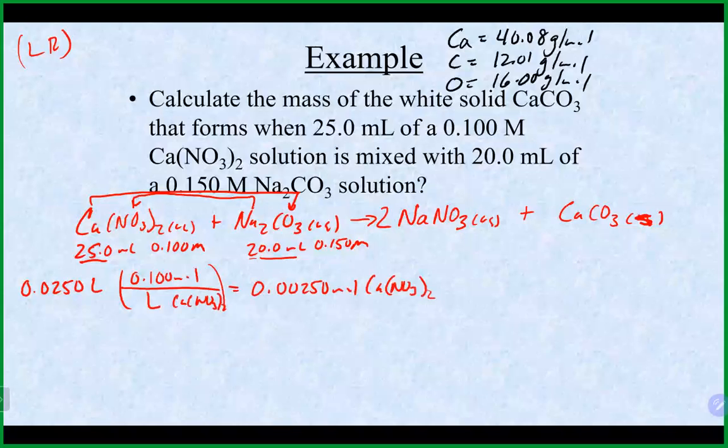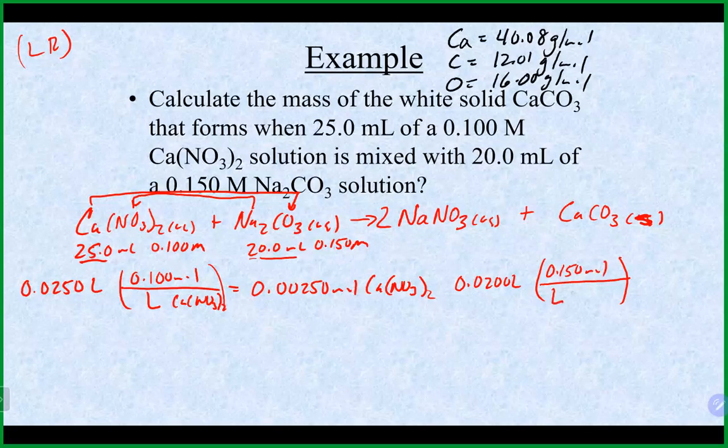We're going to do the same thing for our sodium carbonate. So that's going to be 0.02 liters times the molarity there of our sodium carbonate, which is 0.15 moles per liter. Again, I'm using both of the units there so we can see the liters hopefully cancel.